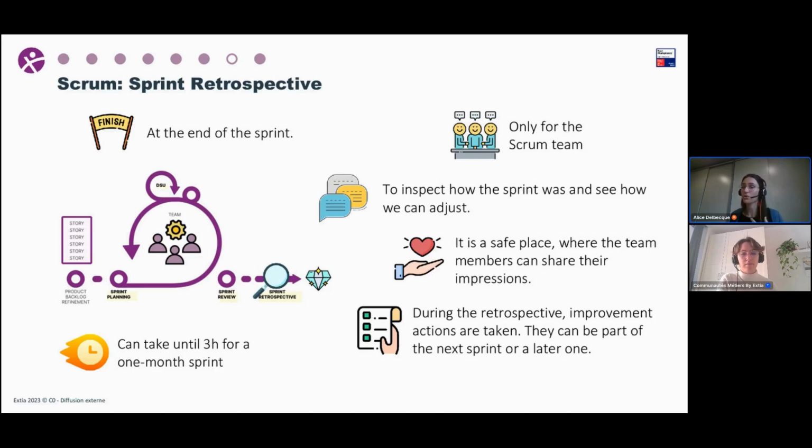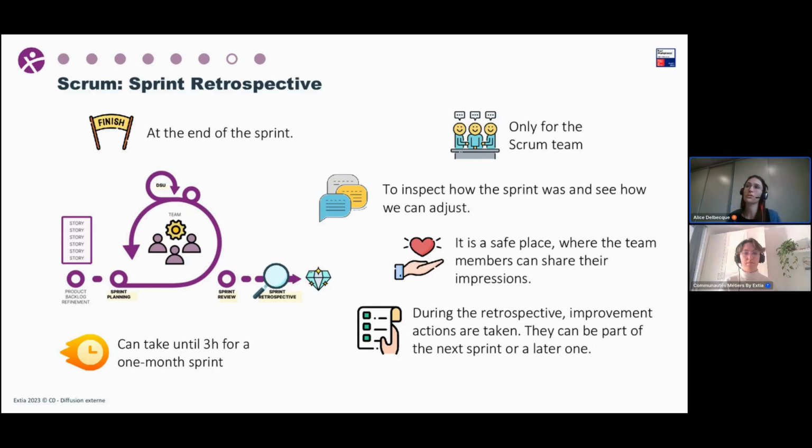So it's also the time to discuss all the impediments that you can have, even if it can be a bit difficult. For instance, if you have a huge disagreement with a key user, you can explain it here and discuss it with the team in order to find a solution.